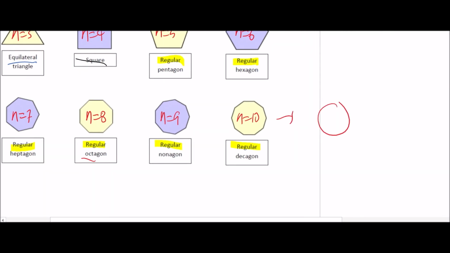A circle can be said to have an infinite number of sides. Now do not take this down, of course we're not going to test you on this, but you can see as n increases, the shape approaches a circle. But a circle is not a polygon. We do not consider a circle as a polygon. Okay, moving on.